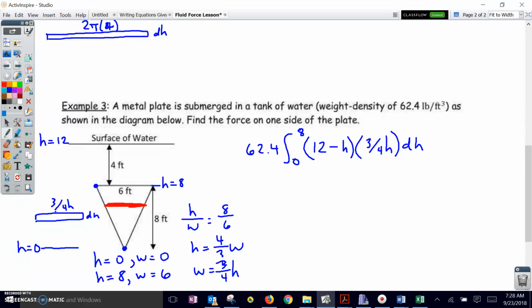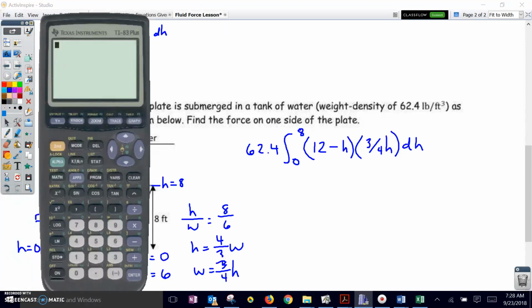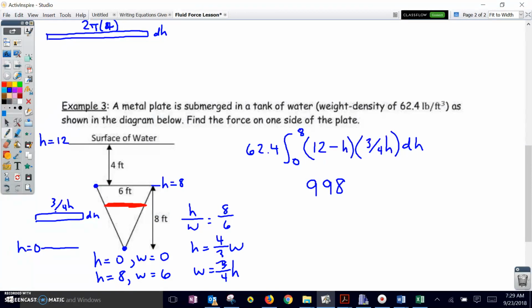Now I have my model set up, and I'm going to go ahead and calculate the force, 62.4 times the integral, the quantity 12 minus h times 3/4 h with respect to h from 0 to 8. And we get the force that's exerted on this particular metal plate on one side.